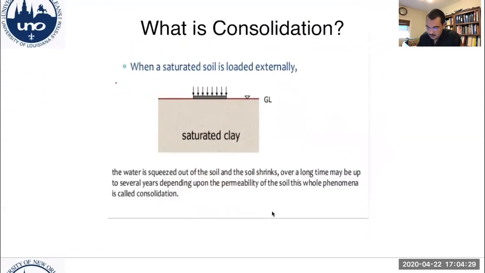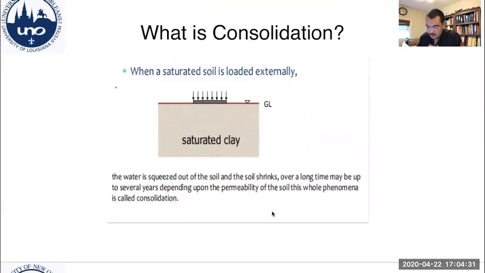We said that consolidation basically is water being squeezed out of the soil once an external load is applied. And here we're talking about clays, or a combination of cohesive soils, saturated soils that do have water in them.